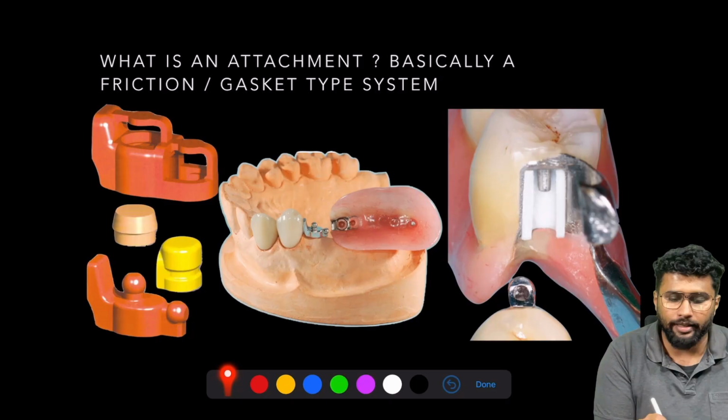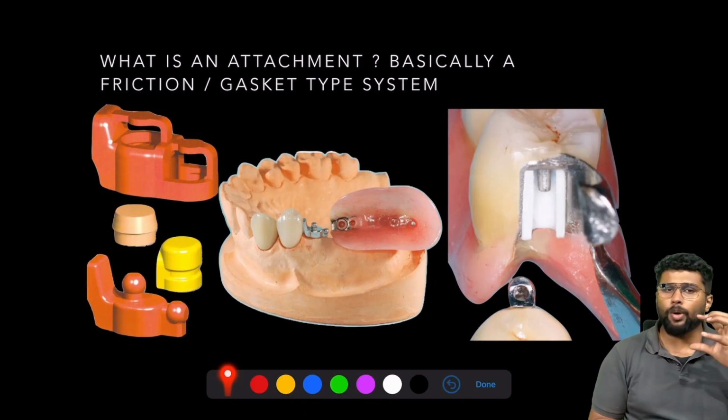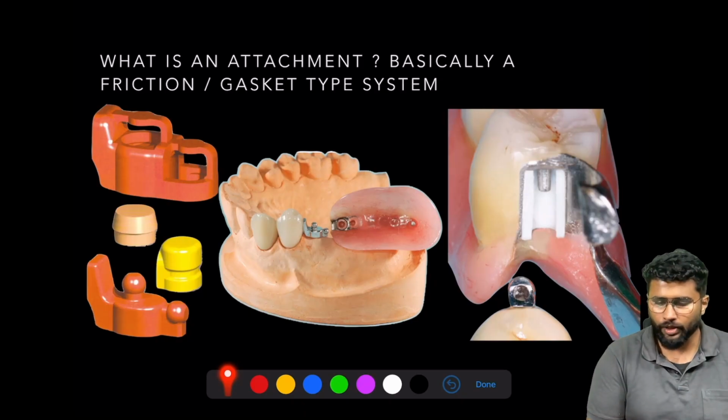I can fix this silicone within the housing, and put it on top so that this slides on top and locks into place. This gasket will hold on to this small undercut and lock it in place.